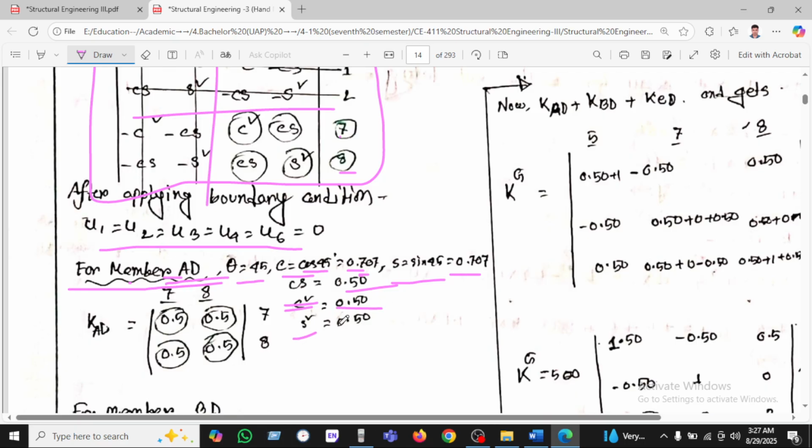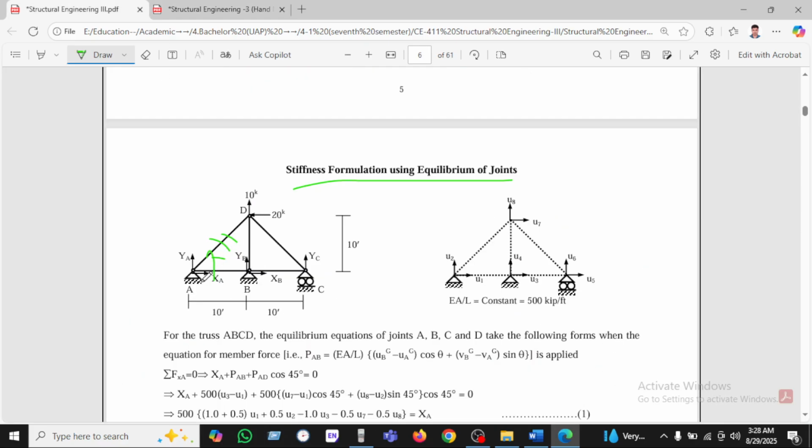Similarly, S square means sin 45 squared, 0.707 squared, which is also 0.50. We will find this 7 by 8, which is our main concern. If we calculate here, these are our boundary conditions: U1 is 0, U2 is 0, so U7 and U8 are unknown.